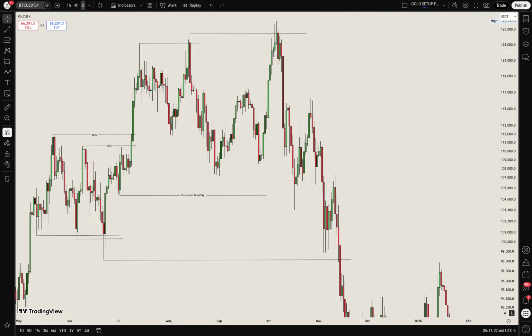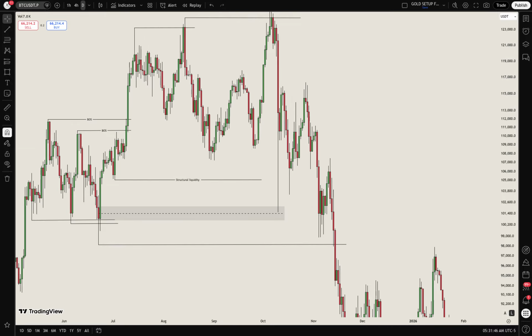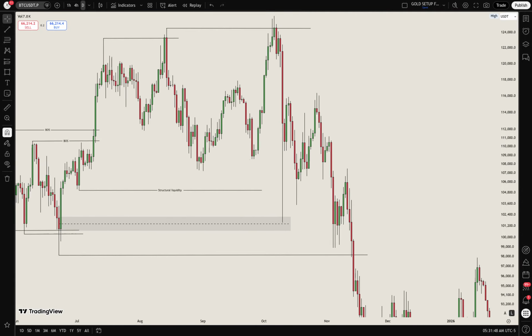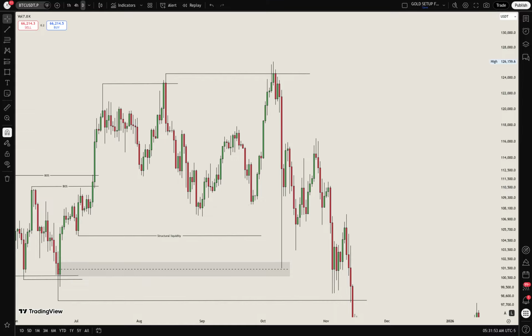But if that had not happened, we'll be taking our entries from this particular standpoint. Since we have identified our structural liquidity, we can just mark this particular order block as our entry point, and you can see how market reacted well, but it had already taken out that high and closed with a wick.